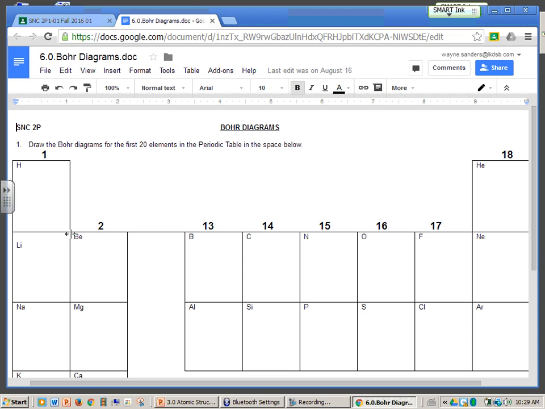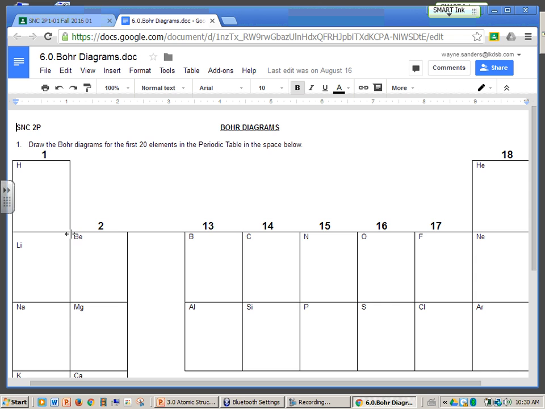Take a look at your picture. Yep, 1. They both have 1. How many orbits do they have in the second period? 2. How many orbits in the third period? 3. So the period number tells you the number of orbits.